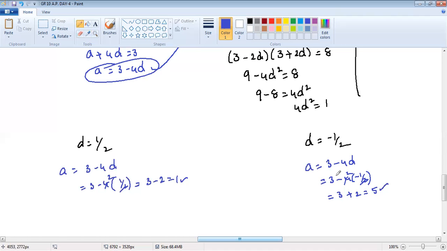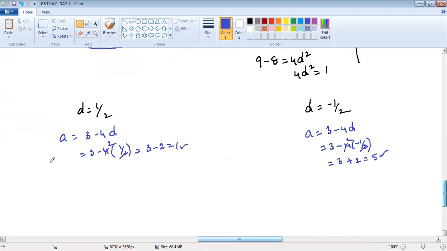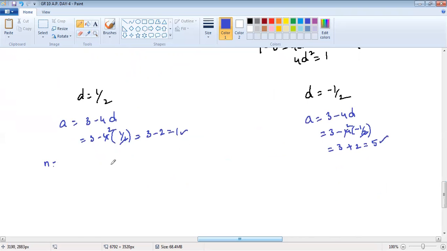And the question is still not over. Now what they're asking is to find the sum of the first 16 terms. So it means n value is 16. Please write n value as 16 for both. The formula will be the same: Sn is equal to n by 2 into (2a plus (n minus 1) into d).